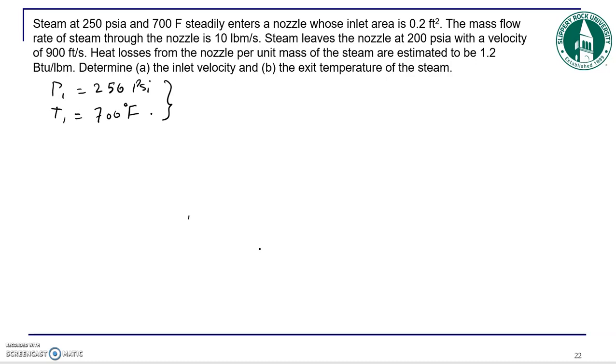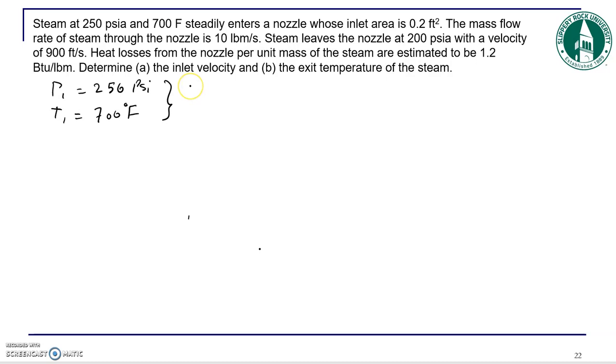We can go to the tables, either temperature-based table A4 or A5, but we should go to A4E, A5E, because this is English units. If we go to that pressure or temperature, we can find the specific volume and enthalpy of our system.